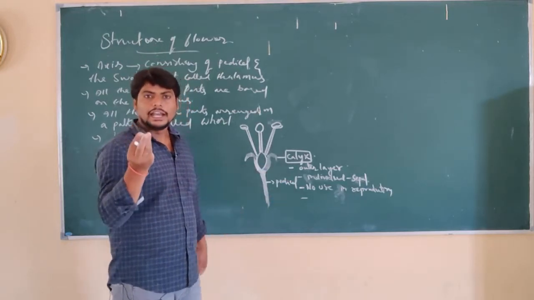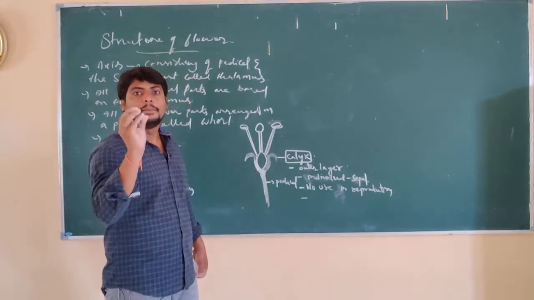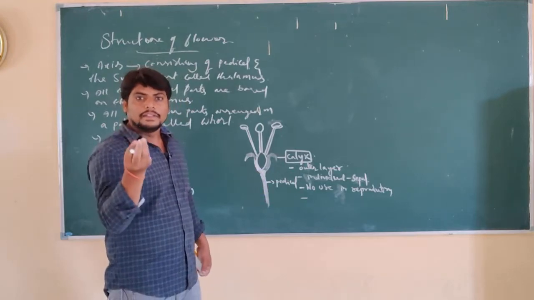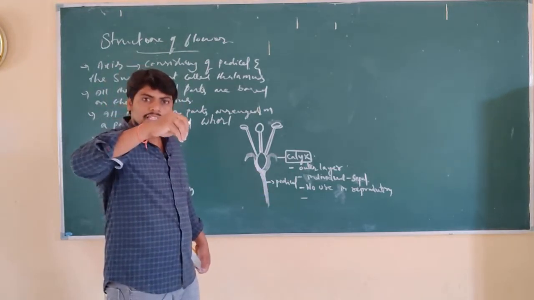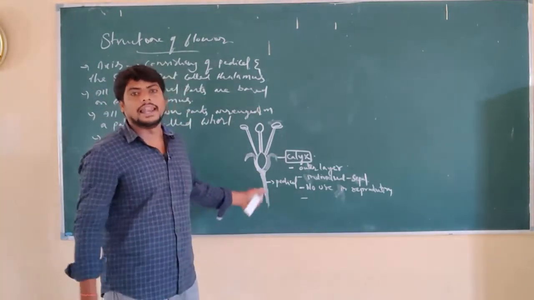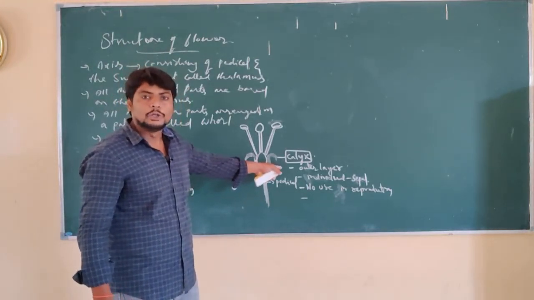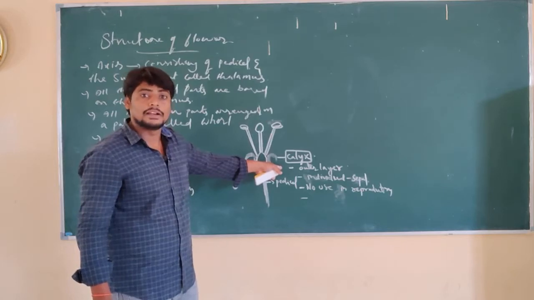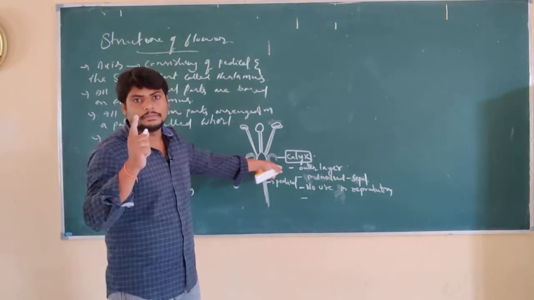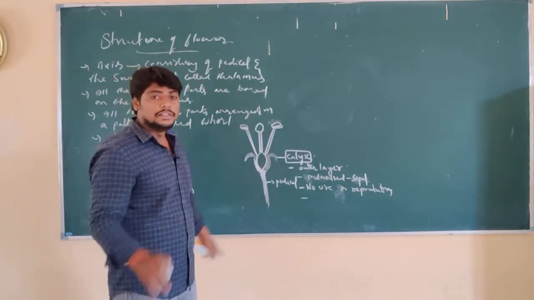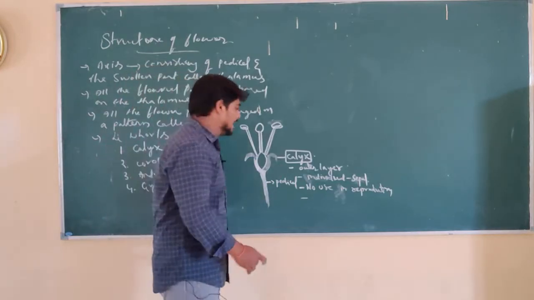So the bud appears completely green in color. The other parts of the flower are located inside the calyx, so the calyx is very important to protect the floral parts at the bud stage.